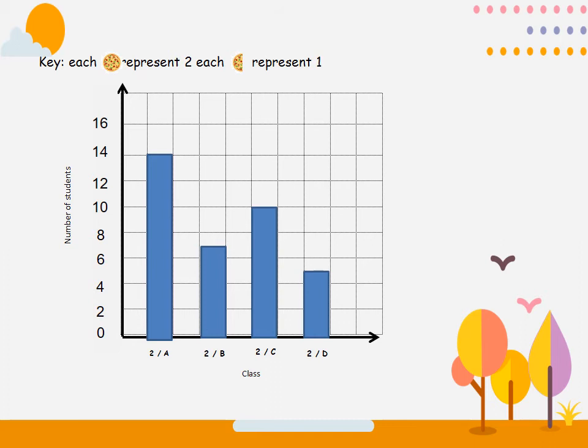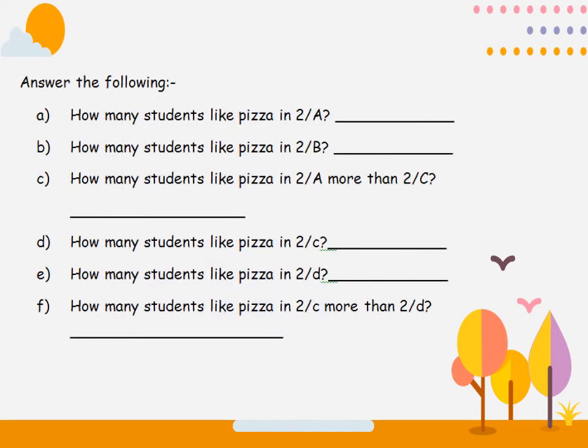Okay, do you got it, primary 2? Excellent. Okay, primary 2, let's answer the questions together. How many students like pizza in 2A? Look at the graph. 14, excellent. How many students like pizza in 2B? 7, excellent. How many students like pizza in 2A more than 2C?